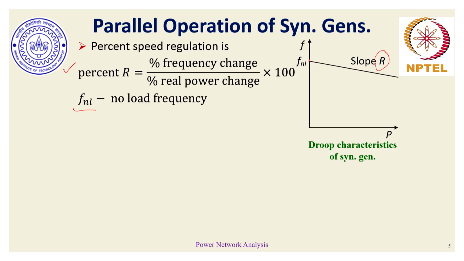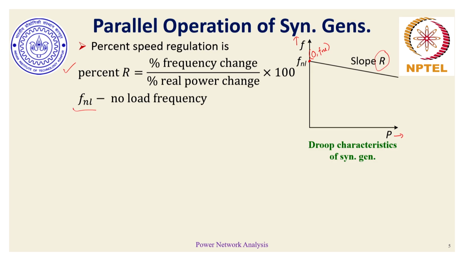So if I have to mark the coordinate of this particular point with real power on the x-axis and frequency of the generator on the y-axis, this coordinate is nothing but 0, FNL, where FNL is the no load frequency of generator and 0 refers to the no load condition. It's a generator, so it cannot generate anything less than 0. 0 is the most ideal condition for no load condition.